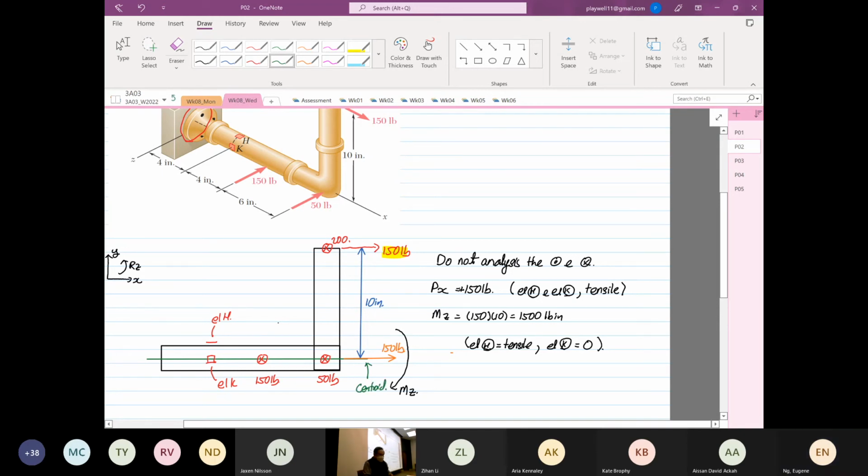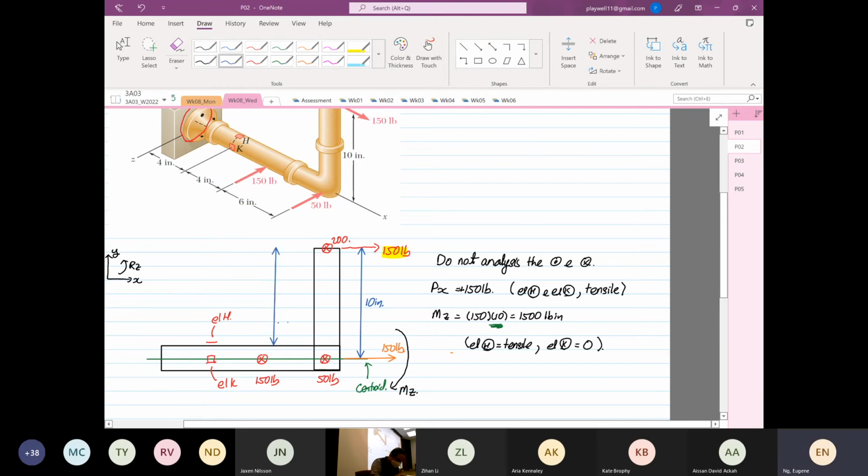Now, we have just applied eccentric loading. What do I mean? How we get the moment is we multiply by 10. You see that? We did not say, for element H, our perpendicular distance is from here to here.